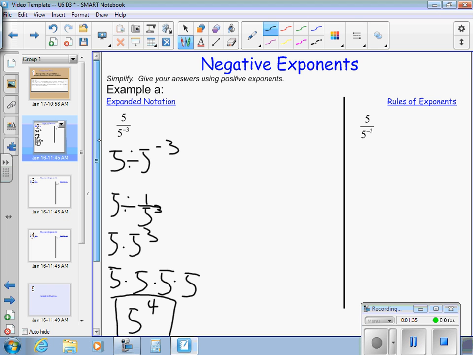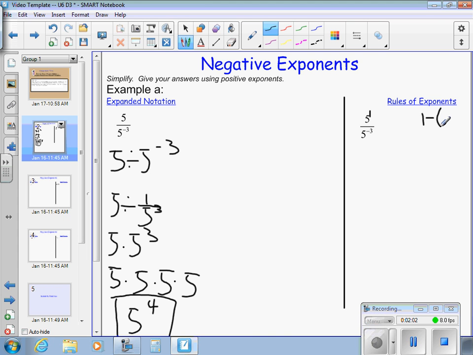Now let's take a look at the other approach. The other approach says that if the bases are the same and we're multiplying, we add the exponents. Likewise, if the bases are the same and we're dividing, we're going to subtract the exponents. So here we have an exponent of 1 that's not seen.